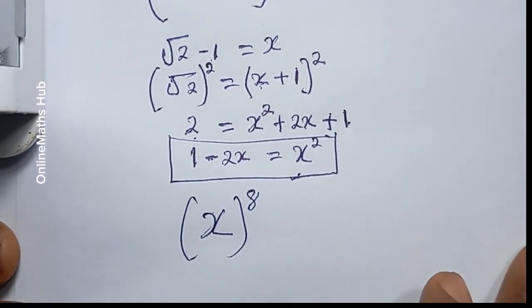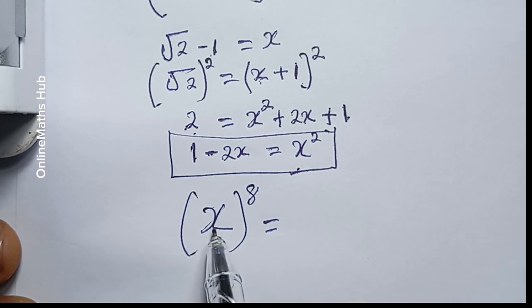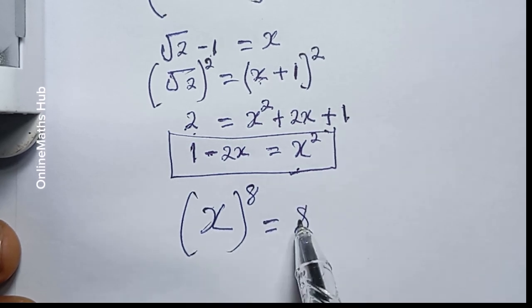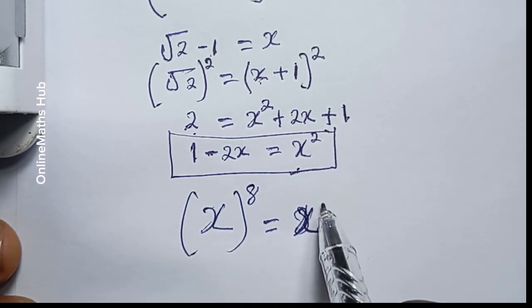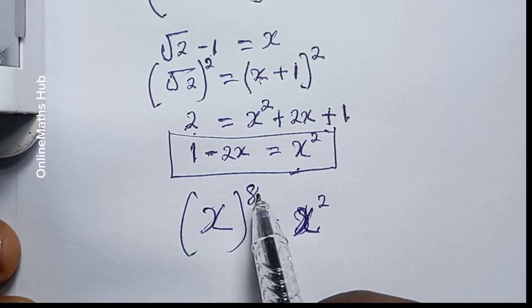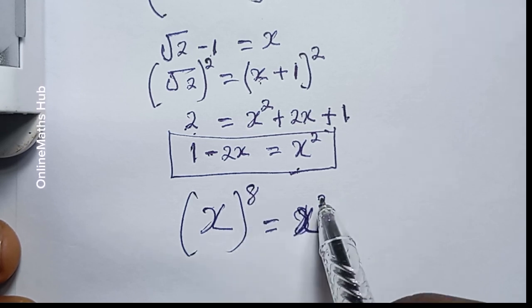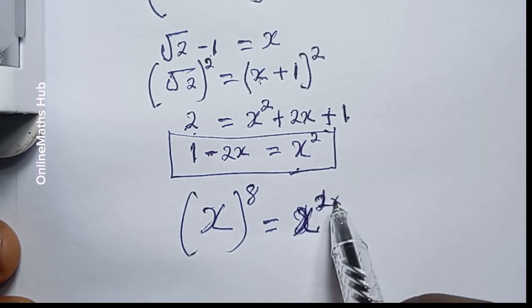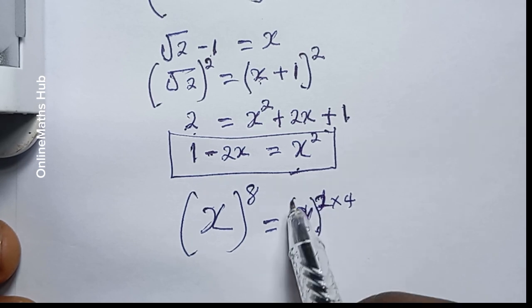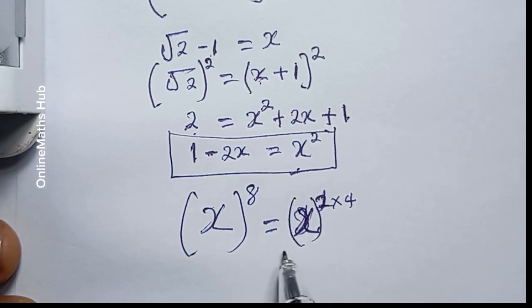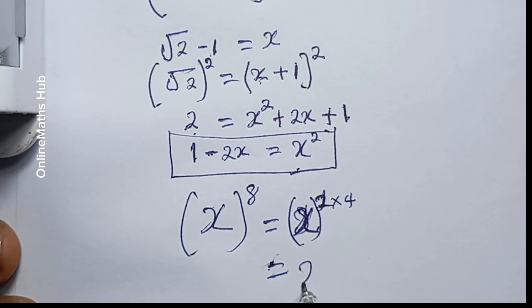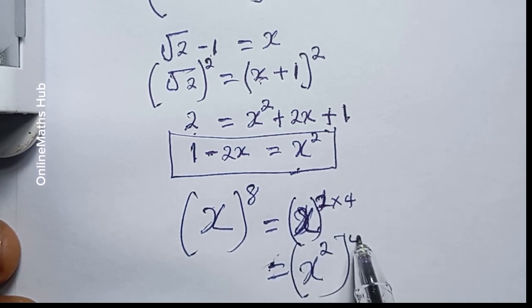At this point I can split this 8 as 2 multiplied by 4. Then I am going to push this 2 inside, so I'm going to be having x squared all raised to power 4.